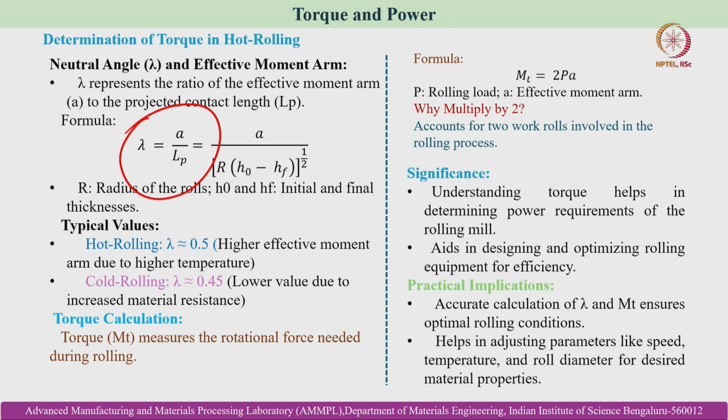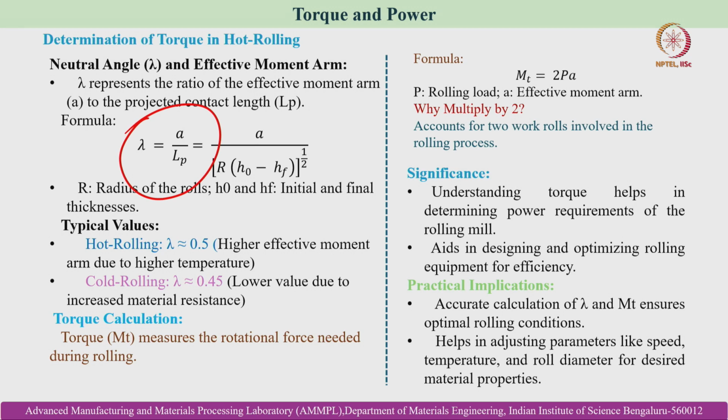LP is the projected contact length, and the effective moment arm distance is A. So, A by LP is equal to A by R into H0 minus HF, that means the diameter of the roll multiplied by the initial minus final height of the workpiece, as a whole to the power half. So this is how we can estimate the neutral angle value in case of hot rolling.